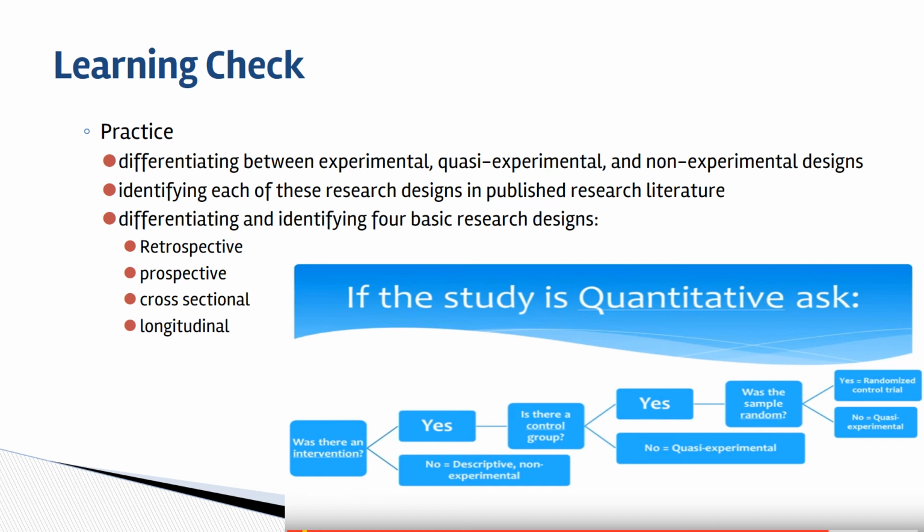And I just bring back this little flow chart from the Nurse Killam video, and the study we're going to be looking at in our synchronous time together is the kangaroo mother care quasi design.